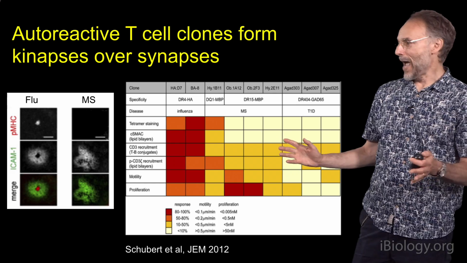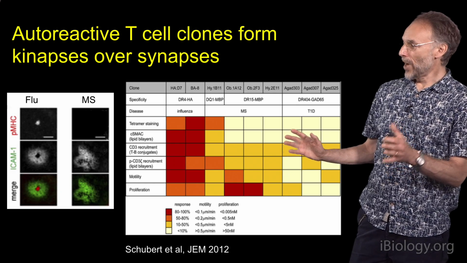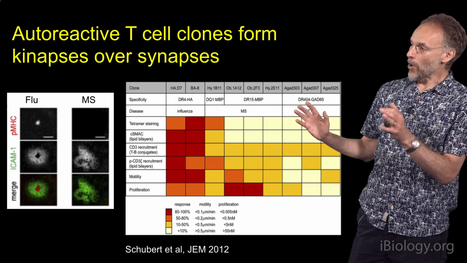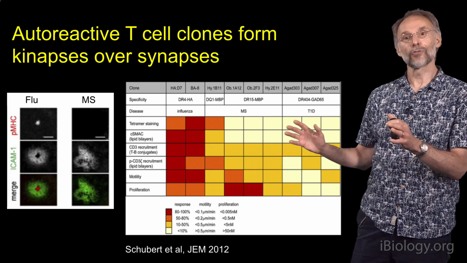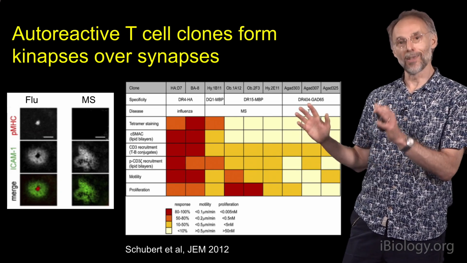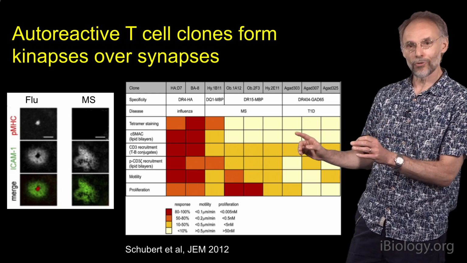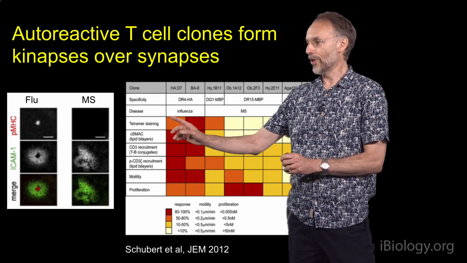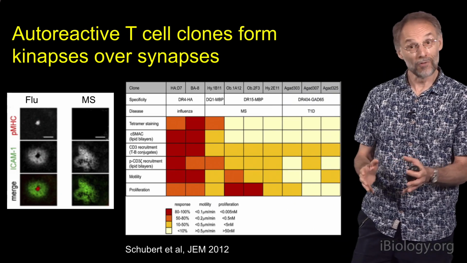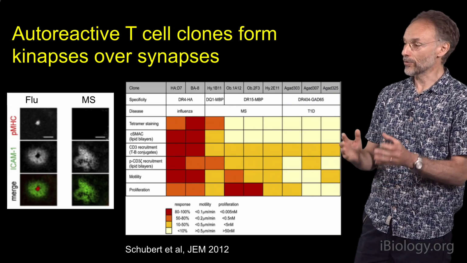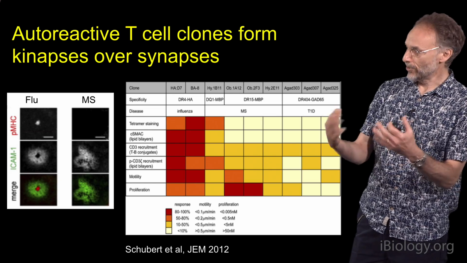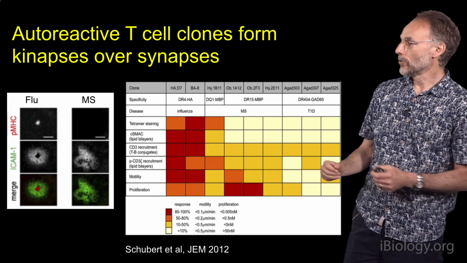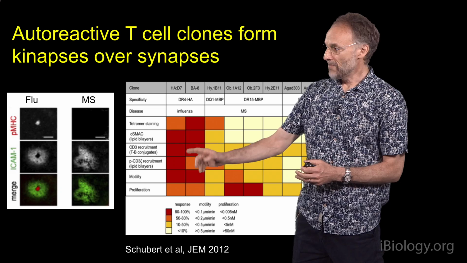So this heat map, it's complicated, but the punchline is that autoreactive T cells, and these are T cells from patients that recognize bona fide autoantigens in multiple sclerosis and type 1 diabetes, compared to T cells that are responsible for killing influenza-infected target cells, essentially these form fantastic synapses.